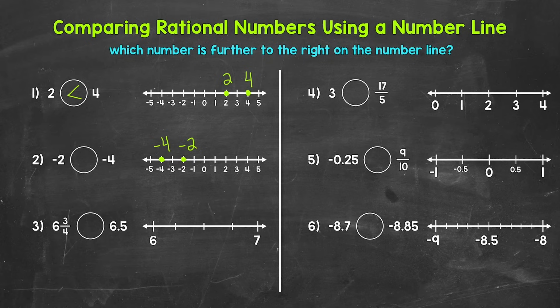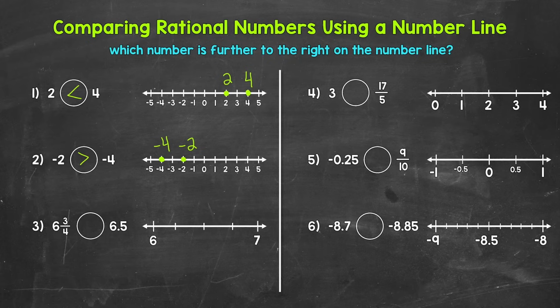Negative 2 is greater than negative 4. At first glance, negative 4 may seem greater because 4 is greater than 2, but we have to think we are working with negatives here. Negative 2 is further right on the number line. It's greater in value. So negative 2 is greater than negative 4.